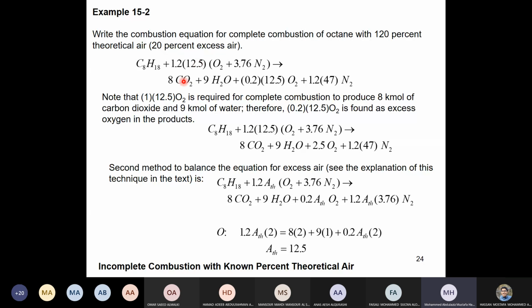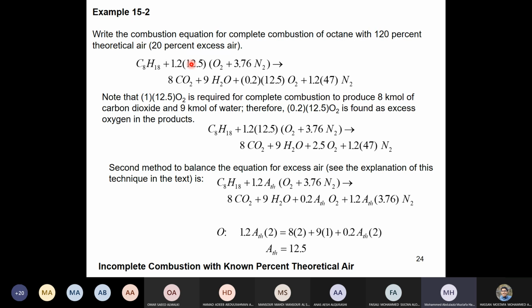So I balance the oxygen: 8 plus 9 over 2 gives me 12.5. This is the theoretical air. C8 will give me 8 CO2, H18 will give me 9 H2O, then the oxygen 4.5 plus 8 gives me 12.5. So this will be the theoretical air.